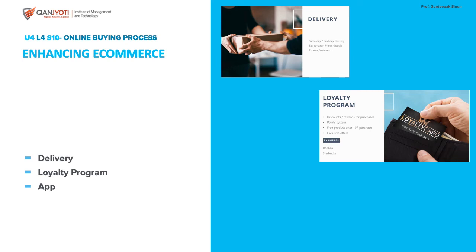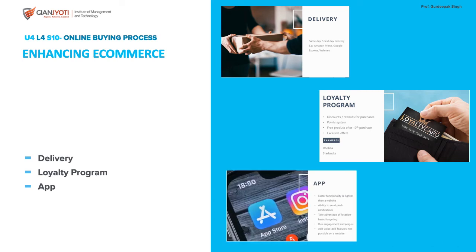So these loyalty cards are being used by Reebok and Starbucks, and they prefer that you use the app so that you can use your loyalty card. So that's a good e-commerce promotion. And towards the end, I would like to say that you should be focusing more on apps rather than the website these days.